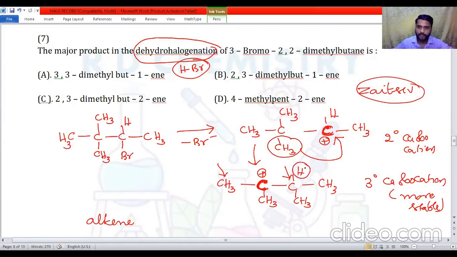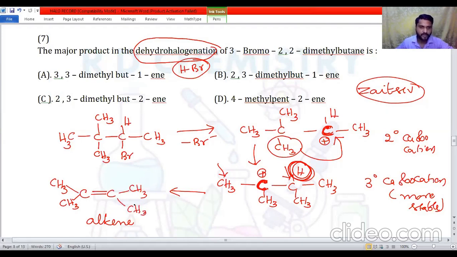We have to remove hydrogen from the neighboring carbon atom which contains a lesser number of hydrogens, to give the more substituted alkene. Therefore, we'll get the final alkene as CH3, 2 CH3s attached to the carbon atom, then a double bond, C, CH3 and CH3.